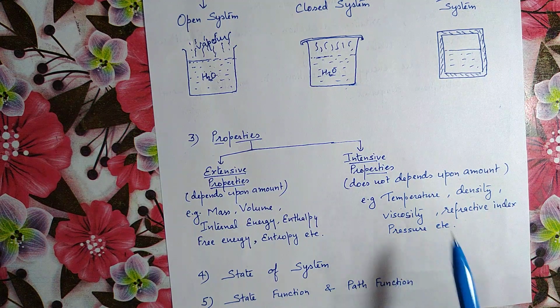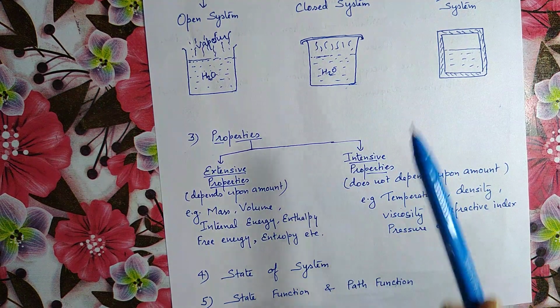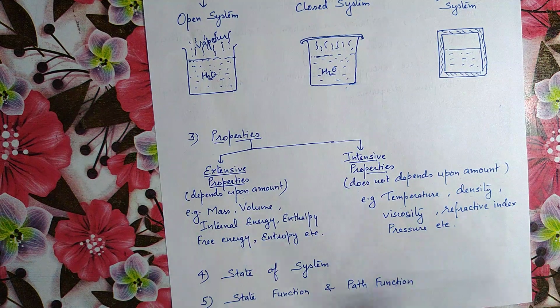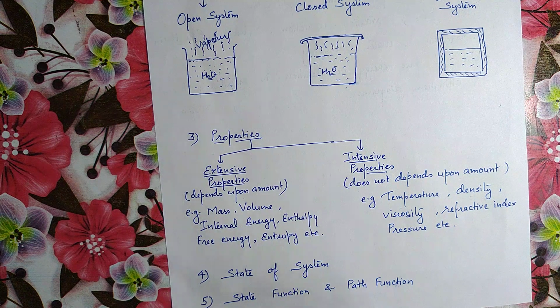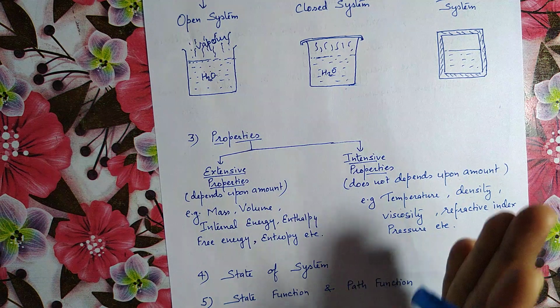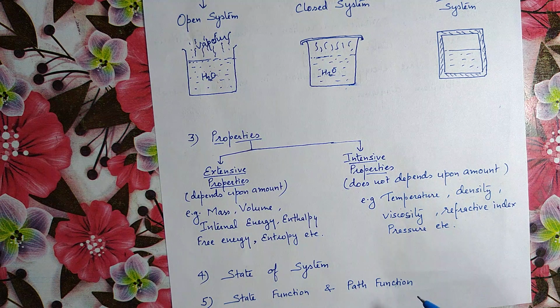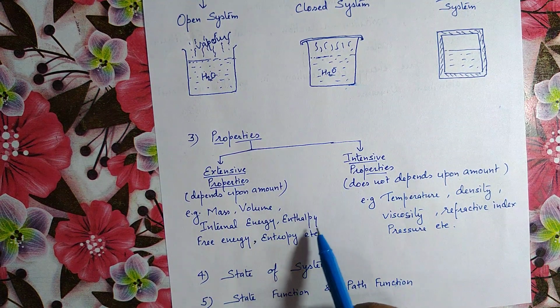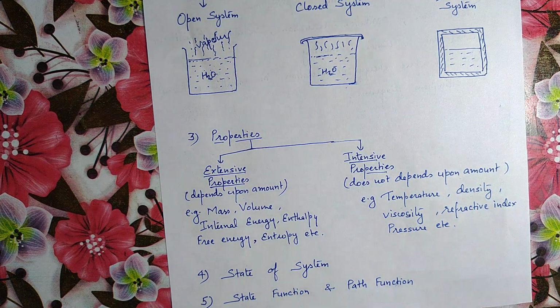For example, if you take a liquid in a container and divide it into two parts, then the density, temperature and viscosity of the liquid can't change, but volume, internal energy, enthalpy, free energy, mass can change. They depend upon the amount.